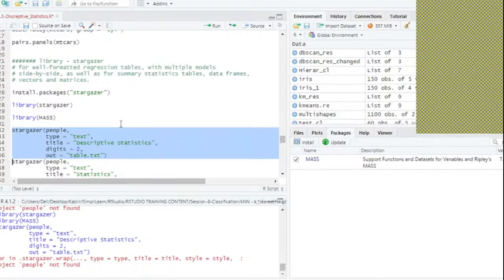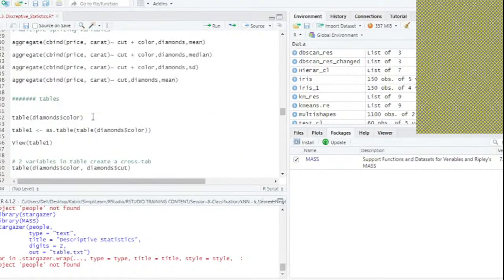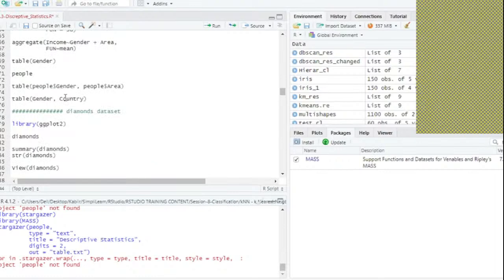I'll just see where this people is coming from. Oh, I have created this.